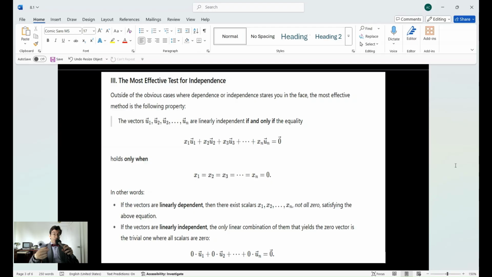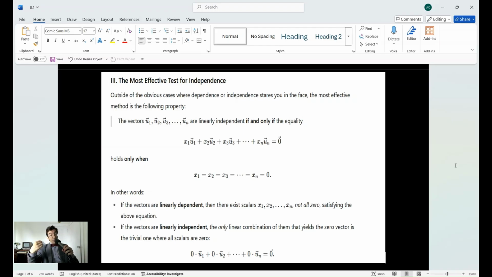These vectors, u sub 1, u sub 2, u sub 3, etc., are linearly independent if and only if this equality holds, and it only holds when all of x sub 1, x sub 2, x sub 3, etc., are equal to 0.